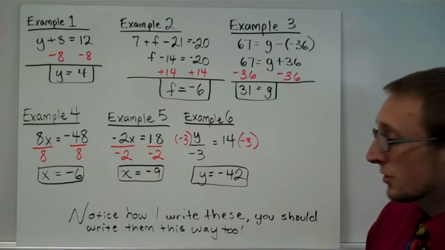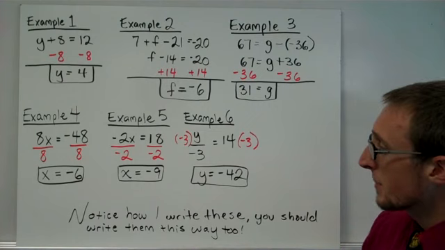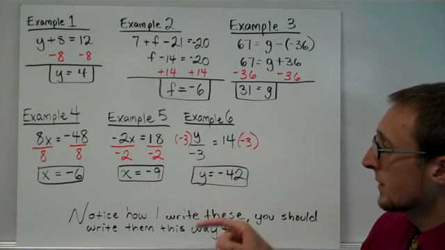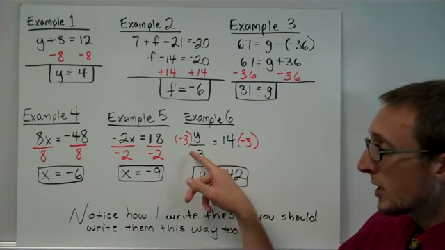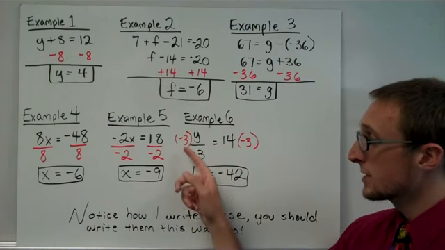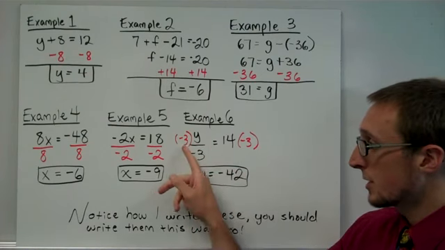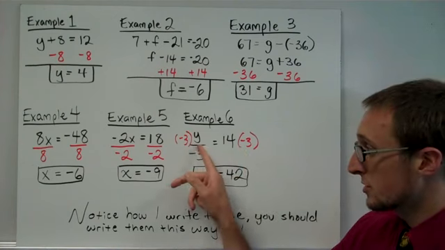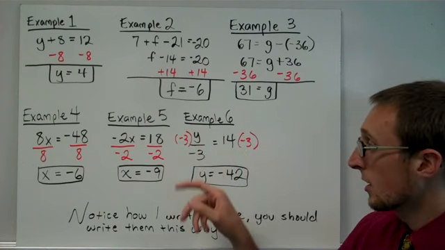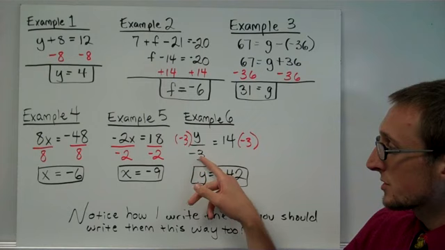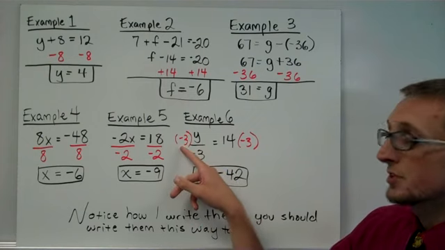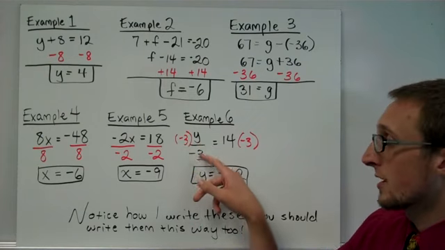Finally, let's look at example 6. We have y divided by negative 3 equals 14. Now, I'm going to go ahead and multiply both sides by negative 3. I'm multiplying both sides by negative 3 here because the operation is division. I do the inverse. These negative 3's simplify to a 1 because this is like saying negative 3 over 1 times y over negative 3.